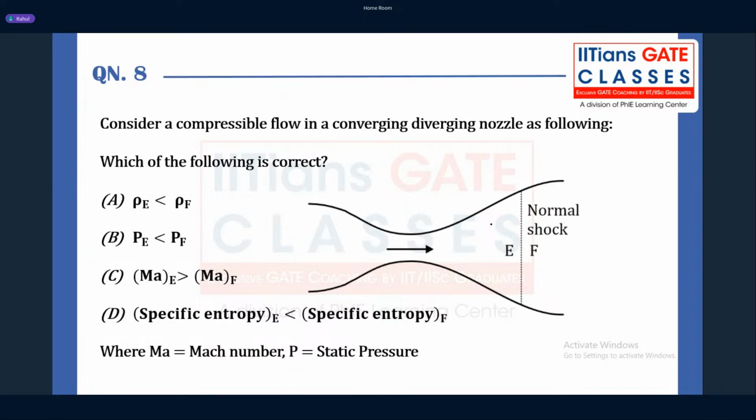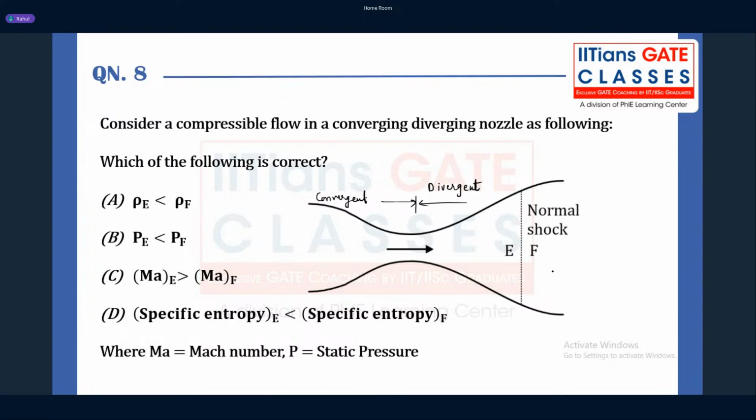This is the convergent portion up to here, and then from here to the end we have the divergent portion, guys. What you can understand very clearly is that the shock waves are forming in the divergent portion, and that is quite obvious, right?